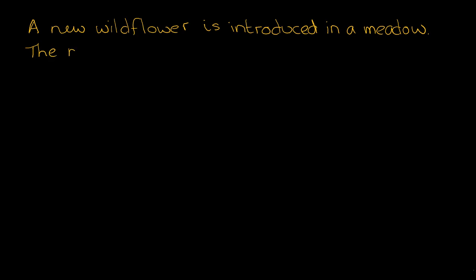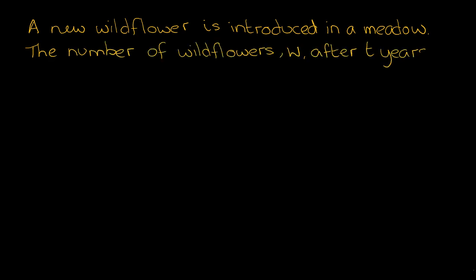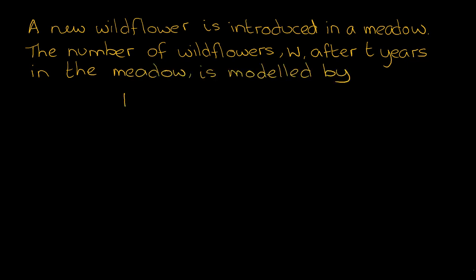A new wildflower is introduced in a meadow. The number of wildflowers is W after t years in the meadow, and this is modelled by W = 32e^(0.4t), where t is greater than or equal to 0.